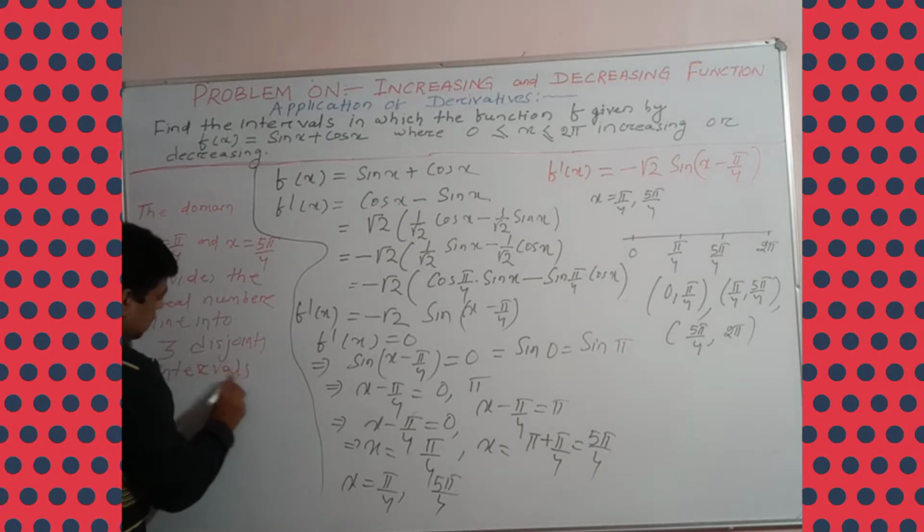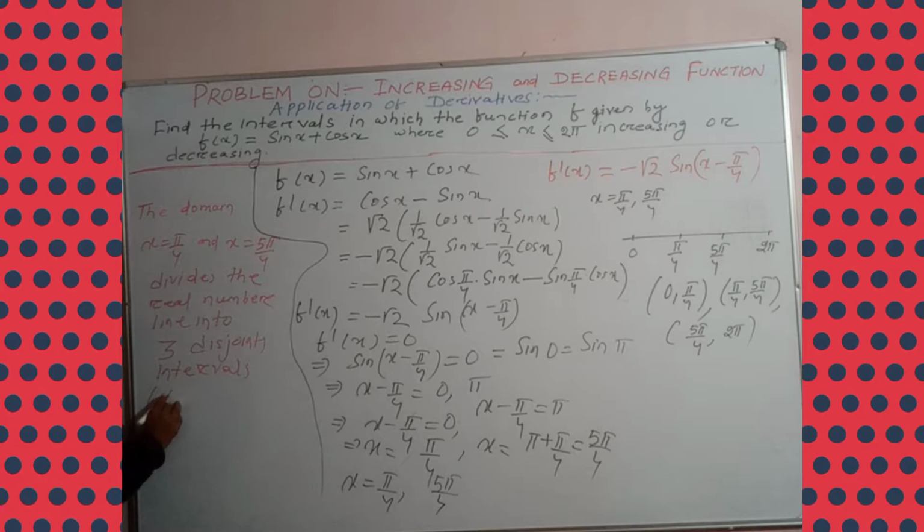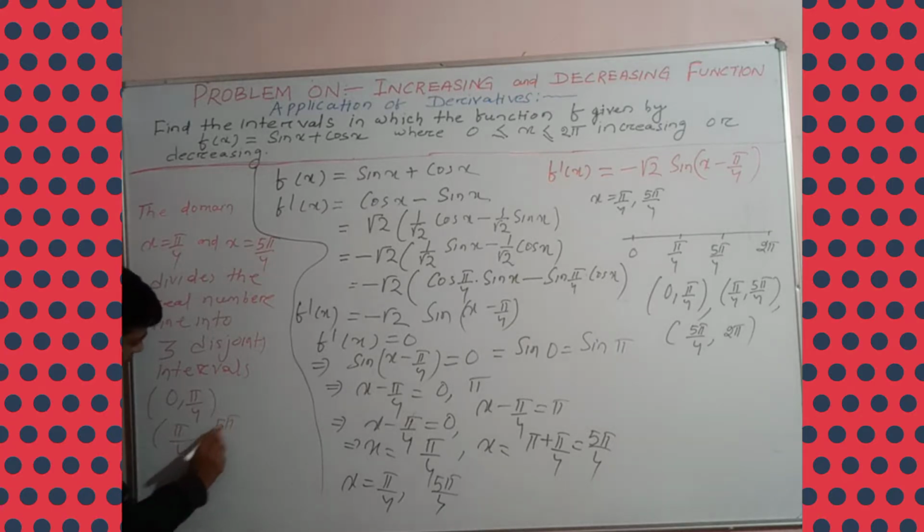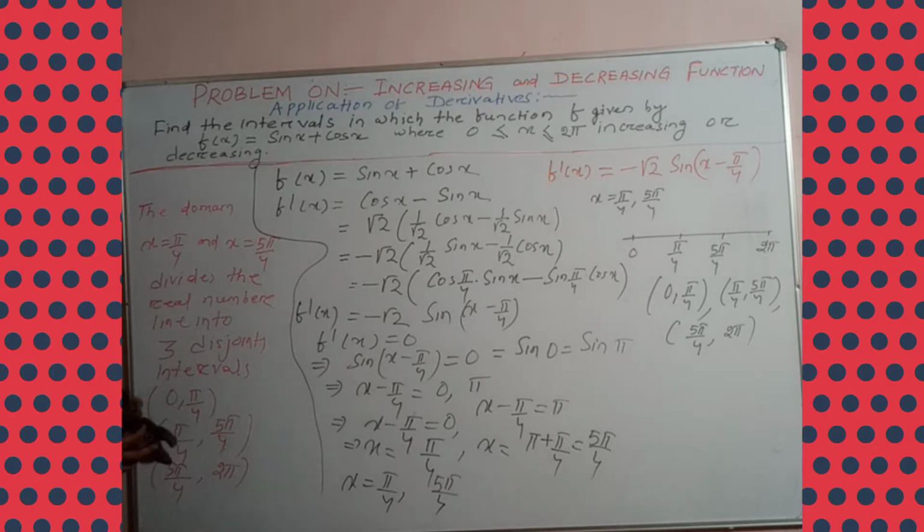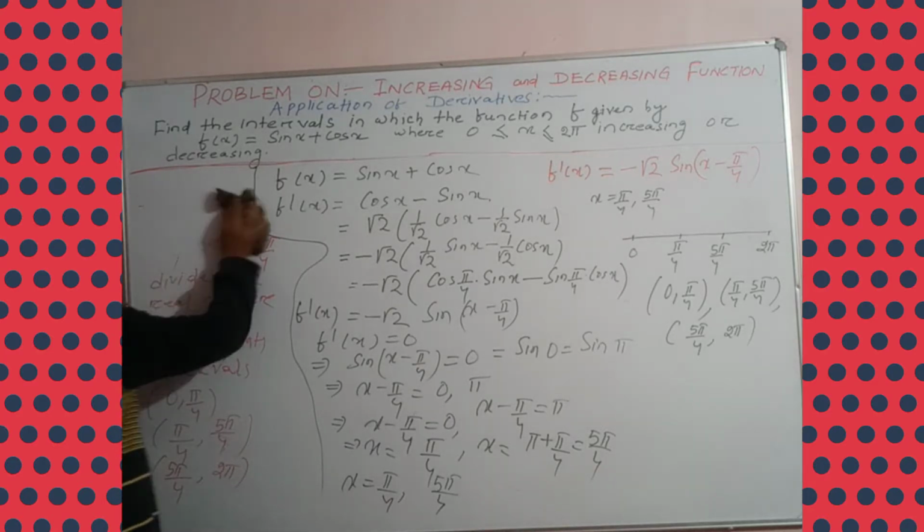Which intervals? One interval is 0 to pi by 4, the second interval is pi by 4 to 5 pi by 4, and the third interval is 5 pi by 4 to 2 pi. Okay, understand? Is it clear? Let's see in which interval the function is increasing or decreasing. Let's proceed.